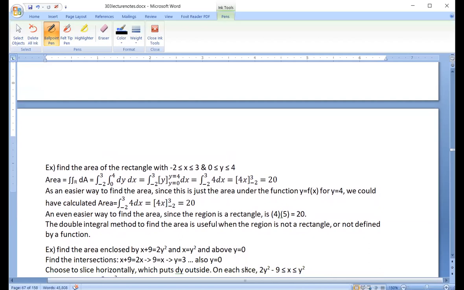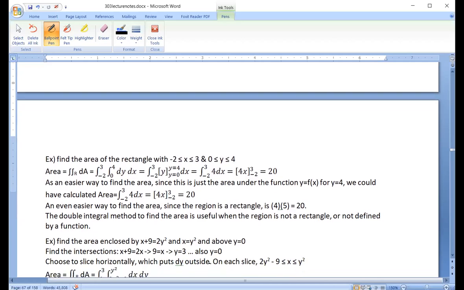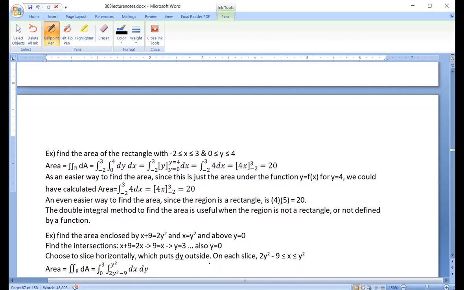Very briefly, we're going to choose to slice horizontally. So dy is on the outside. Therefore, on each slice, solving for x in each case, x equals 2y squared minus 9, and x equals y squared. Those are the boundaries for x. So how do we set this up? We know that area is just the double integral over the region of dA.